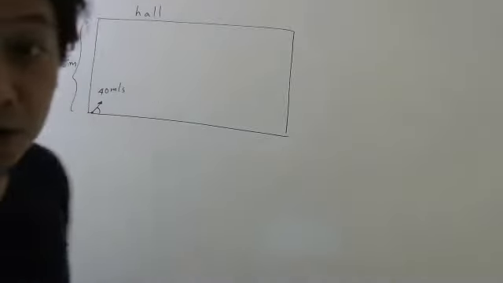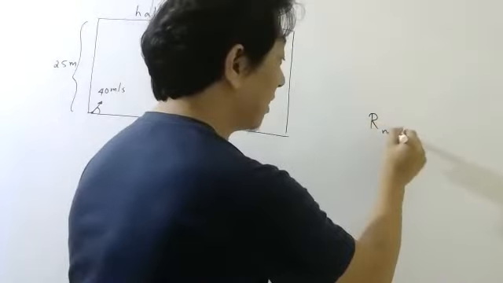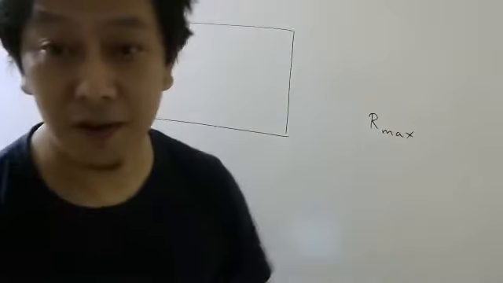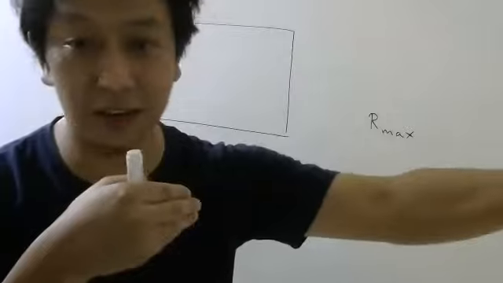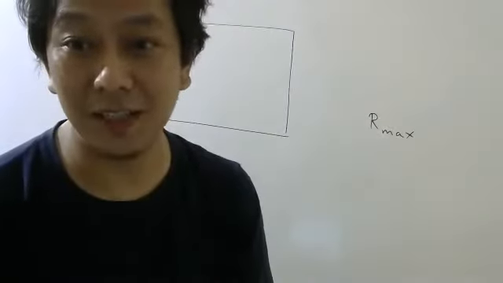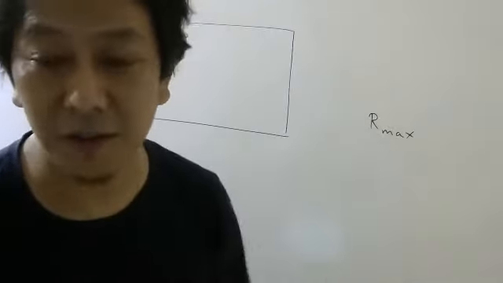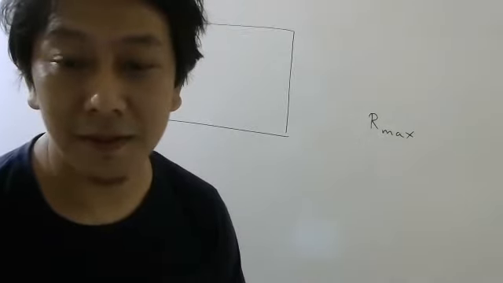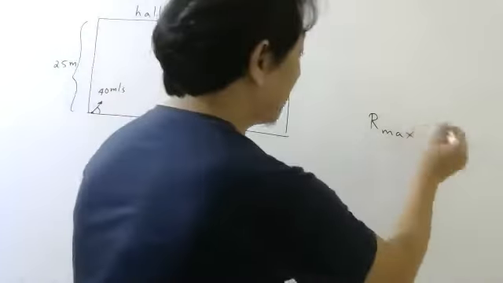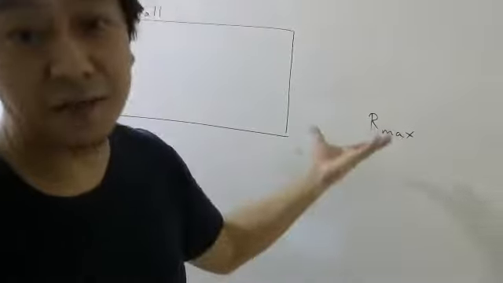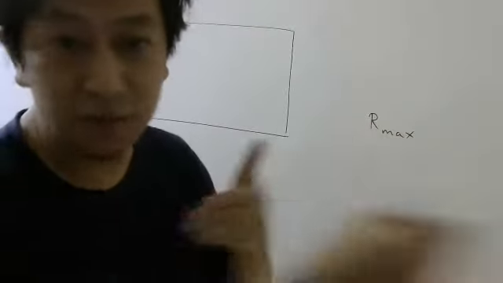Now, some of you may think, oh sir, maximum horizontal distance. Maximum horizontal distance means what? Maximum range. Yes or no? Range means horizontal distance covered. Maximum horizontal distance means maximum range. Yes or no? Okay. So now you may start thinking that this is what they are asking, maximum horizontal distance.